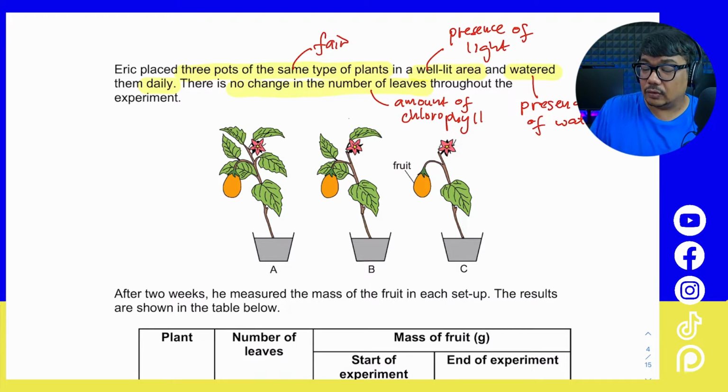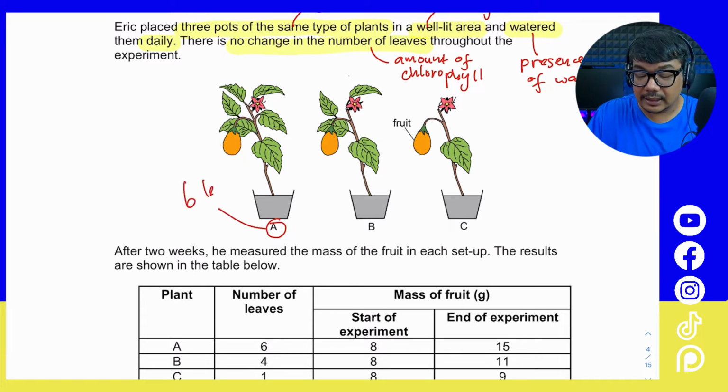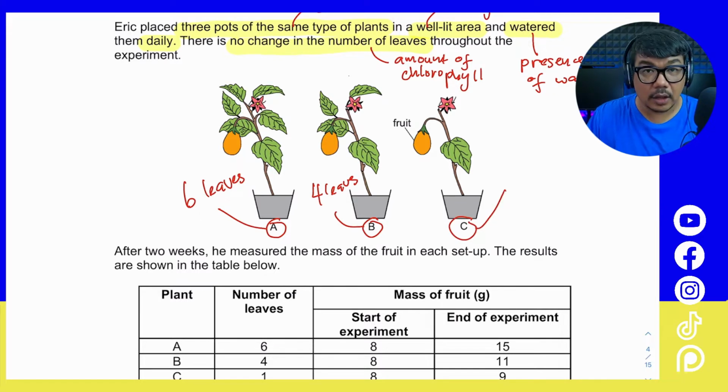Let's take a look at the picture here. We have 3 plants, A, B, and C. Plant A has 6 leaves, plant B has 4 leaves, and plant C has that one single lonely leaf.